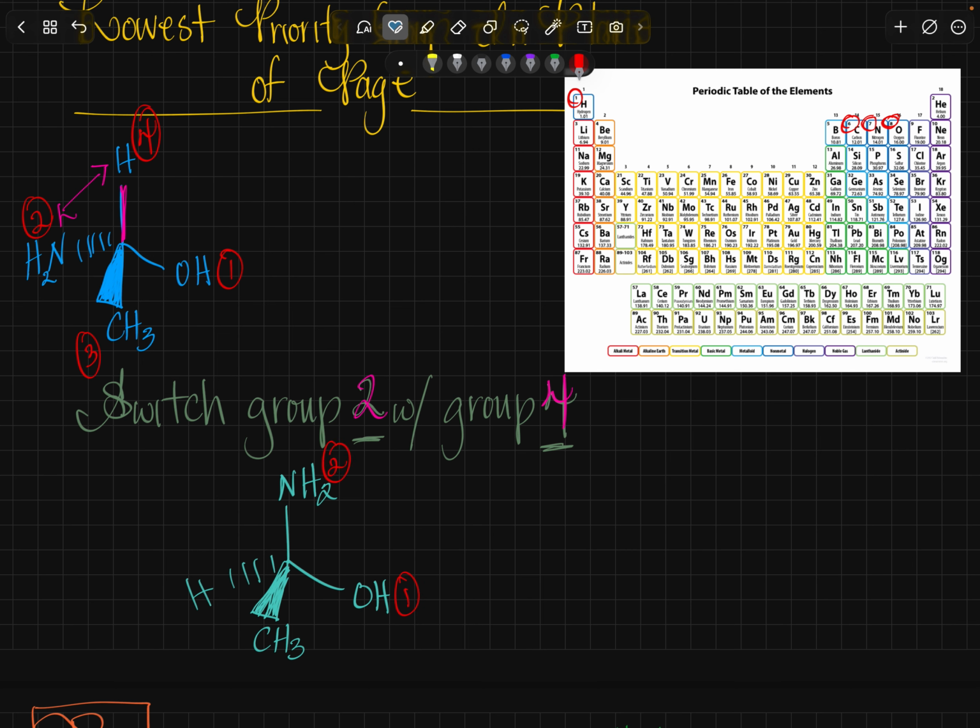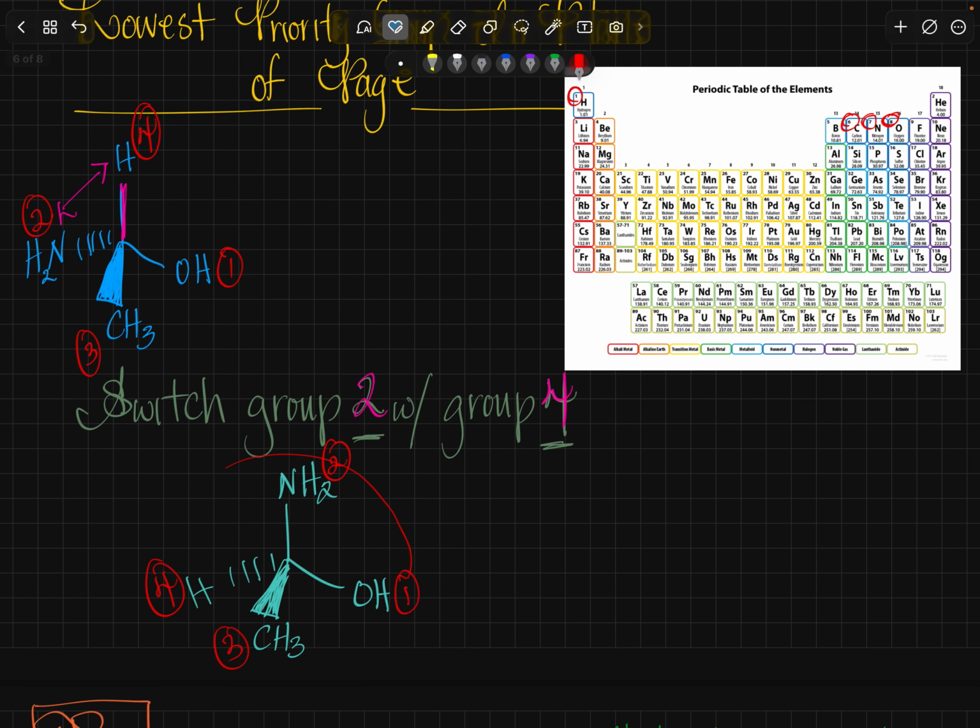They don't change. Now that we have our lowest priority group going back, we're going to go from 1 to 2 to 3, which gives us counterclockwise, which is S, but we have this switch, right, because we switched them.